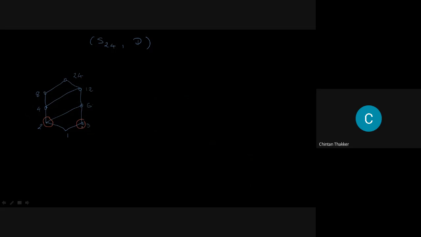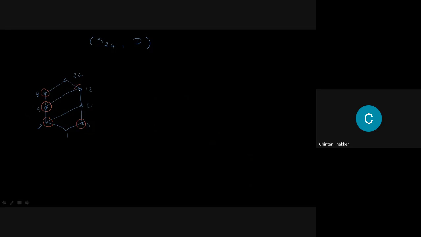At 3 we have only one line coming from downside. At 4 we have only one line coming from downside. Here at 6 we have two lines. Then for 8 we have only one line coming from downside.